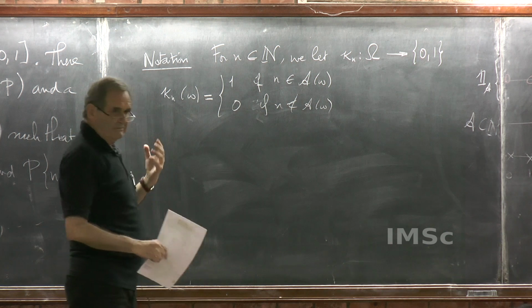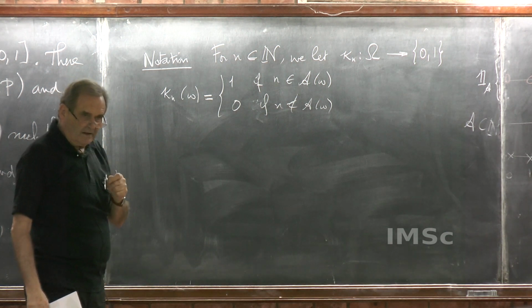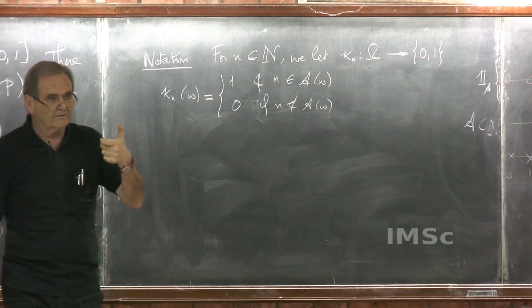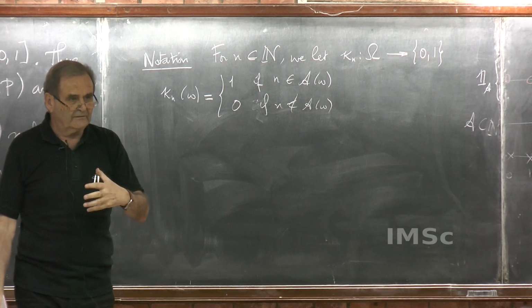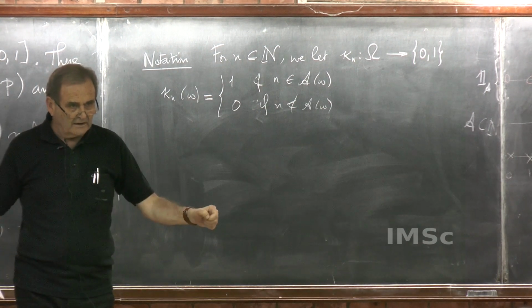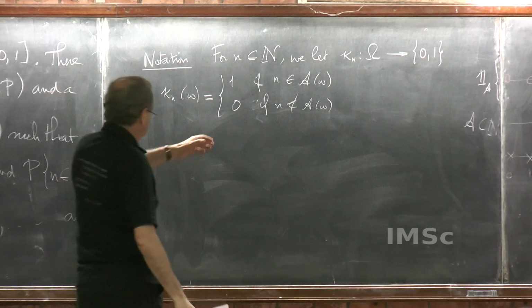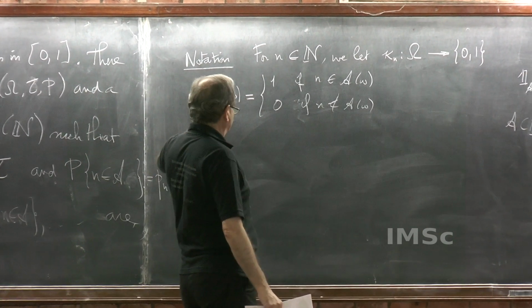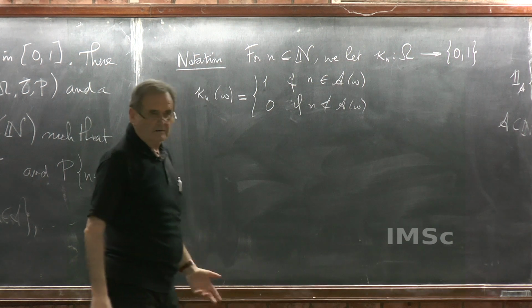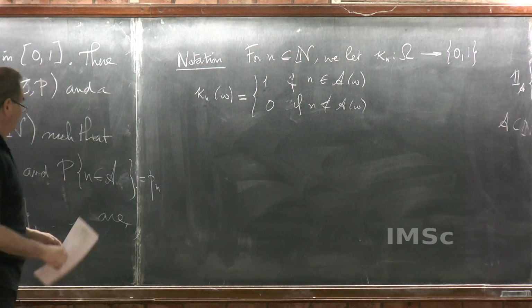So in some way, what I am saying is that each time I've tossed the coin or I've thrown the dice, that is to say, you choose little omega. All the values are well known. You know whether it is in or not. And each time n is in your sequence, you put a 1 at the value n, or 0. And so this is a nice random variable.